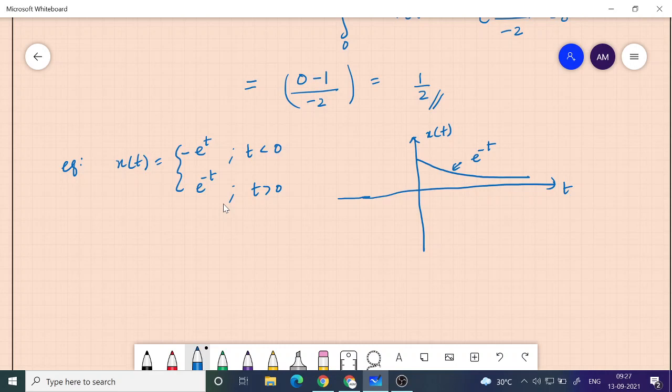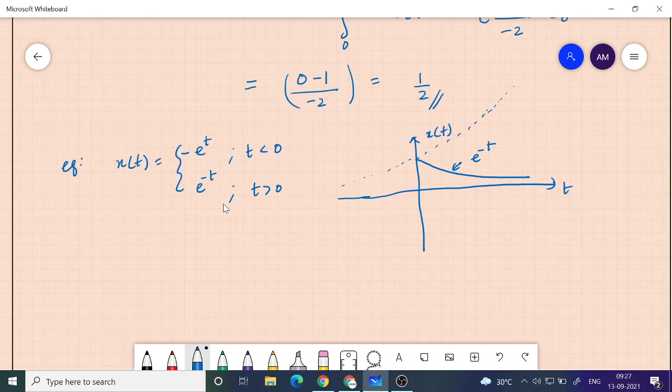Now e raised to t is a function that goes like this. But this expression is valid only for t less than 0. So e raised to t for negative values of time is again decaying like this to the left side, because t becomes negative.